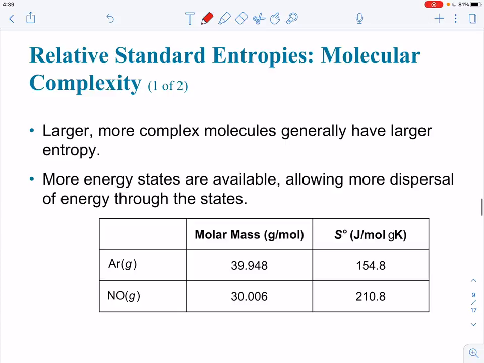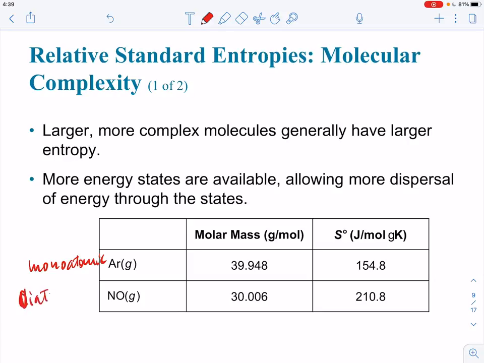Molecular complexity, that's another factor that you can take into account for increasing the entropy. One of the things that we said at the beginning was that the larger molar mass will increase the entropy. And here we are comparing argon, which is monatomic, with nitrogen monoxide, which is diatomic.